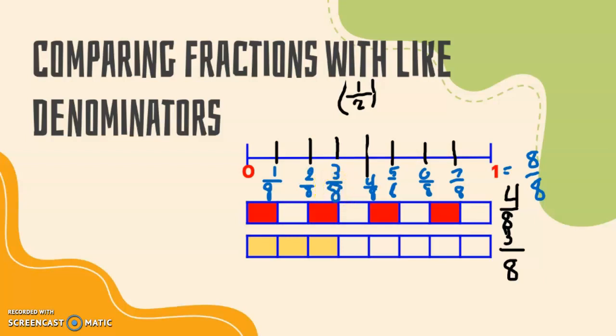So I'm going to place my marker here for 3/8. And for 4/8, I'm going to place my marker here. You should notice that 4/8 is equal to 1/2. And also you should see that 4/8 is closer to 1/2 than 3/8.